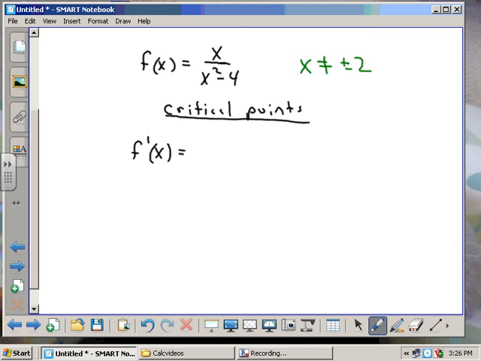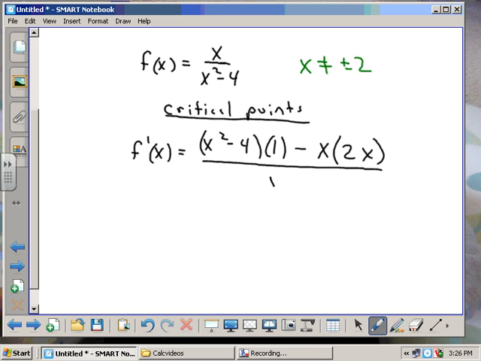So we have the low times the derivative of the top, minus the top times the derivative of the bottom, over the bottom squared. Let's do a little bit of simplifying.